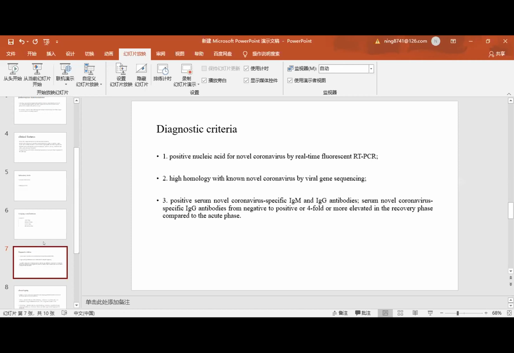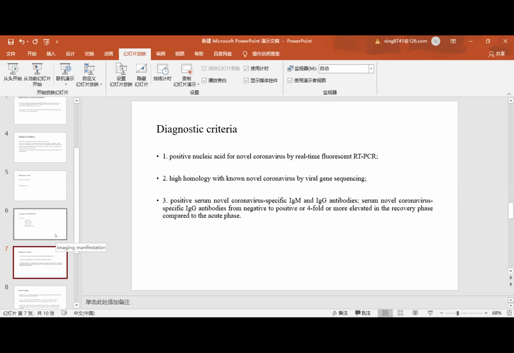In confirmed cases, we should consider the suspected cases with one of the following pathogenic or serological evidence. Firstly, they should have positive nucleic acid for novel coronavirus by real-time fluorescent RT-PCR.